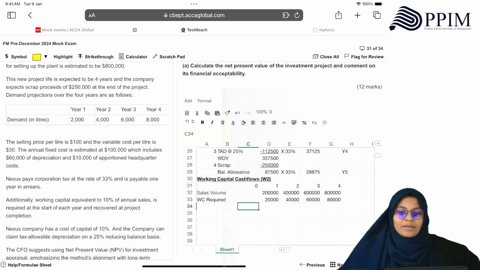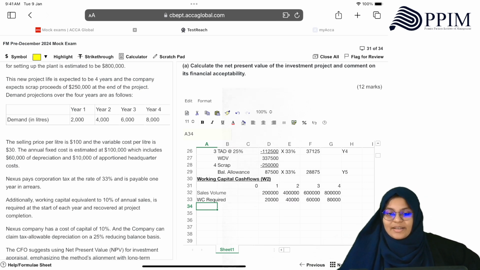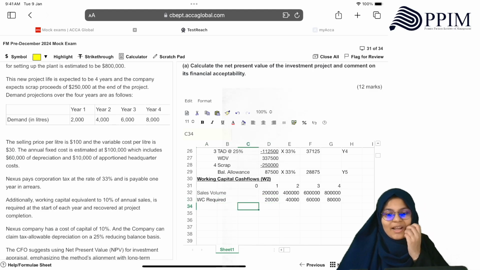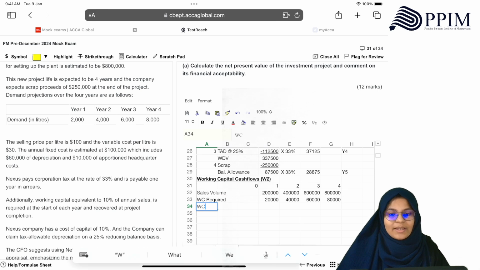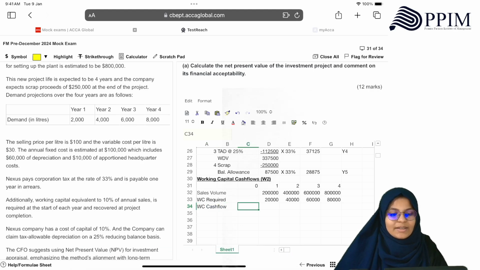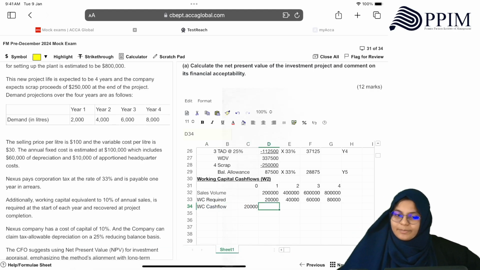Okay, but we need it 1 year before, because they are telling me it has to be in place at the start of the year itself, right? So this working capital of 20,000, it should be available in year naught itself.